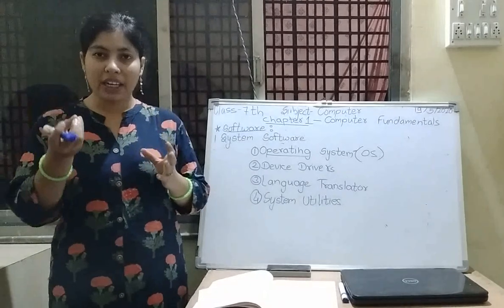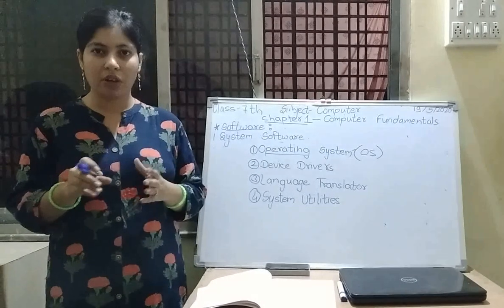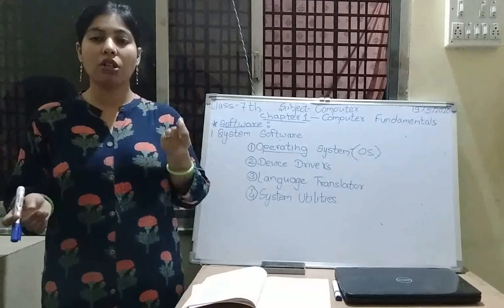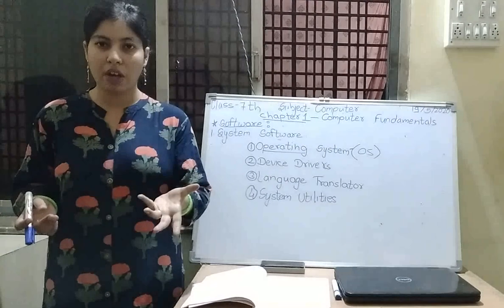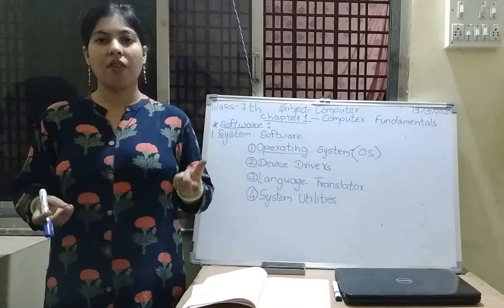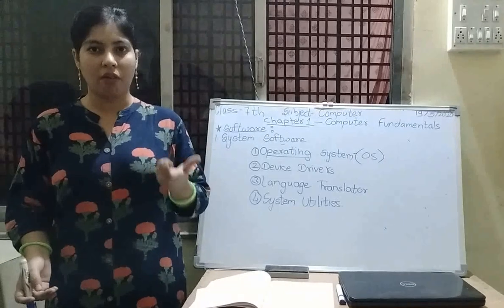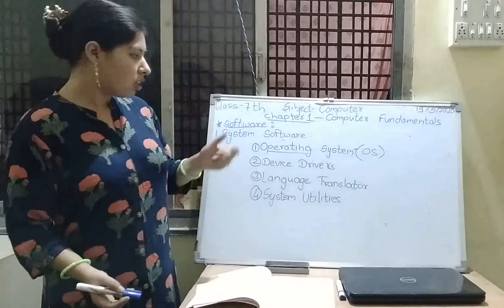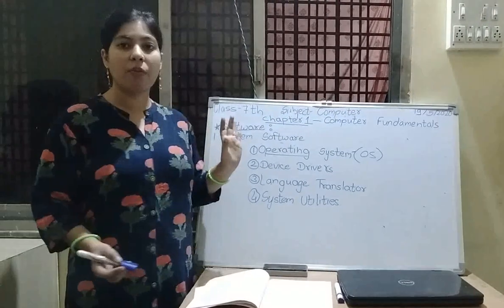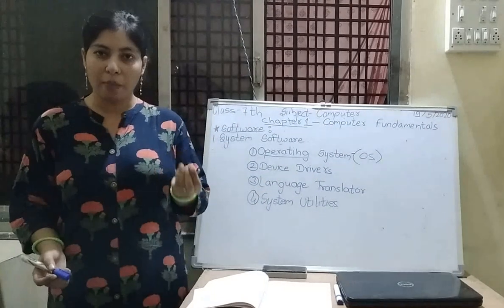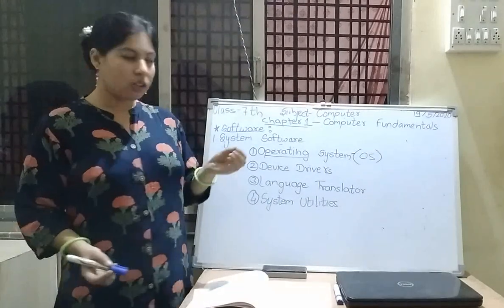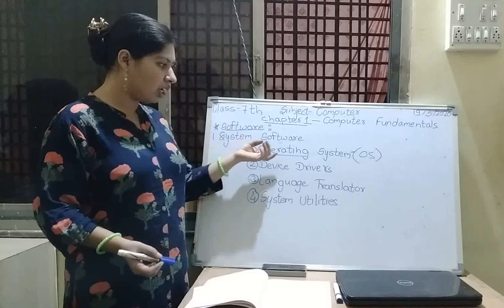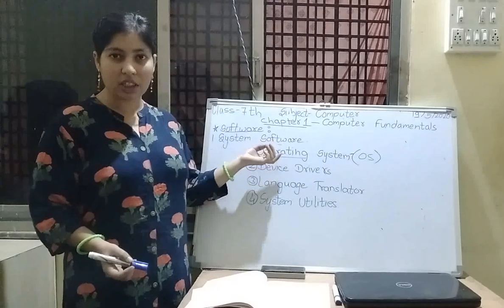Other applications on the computer will not work. Why? Because the operating system is the main software which is required by every machine. So we call the operating system the heart of the computer. The first type of system software is the operating system.